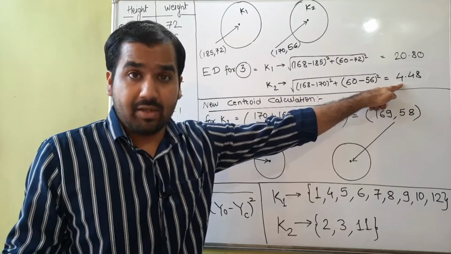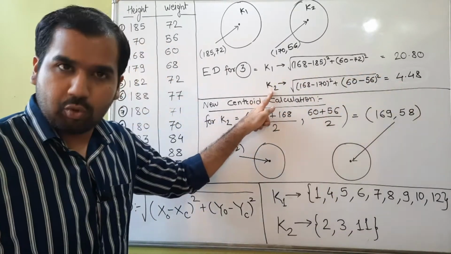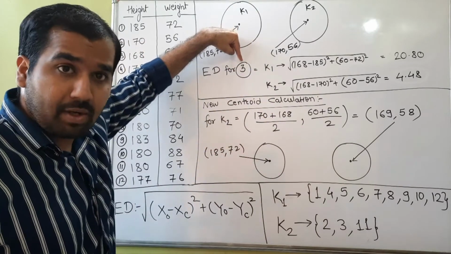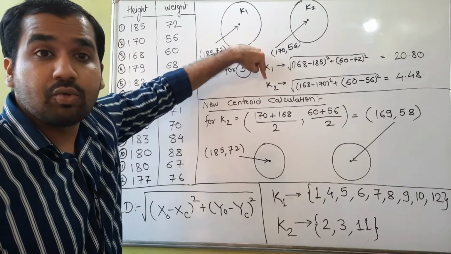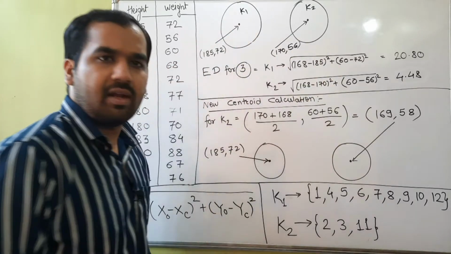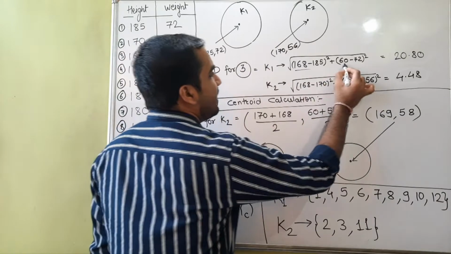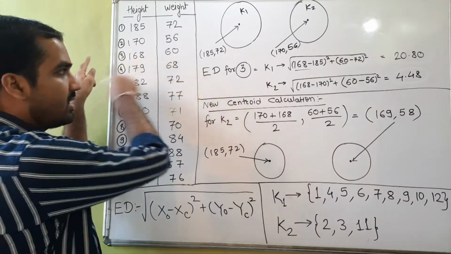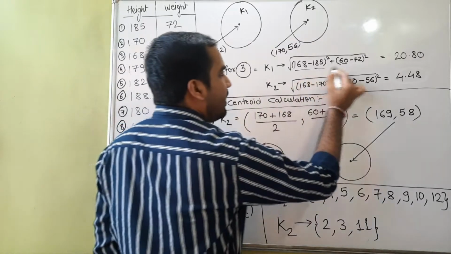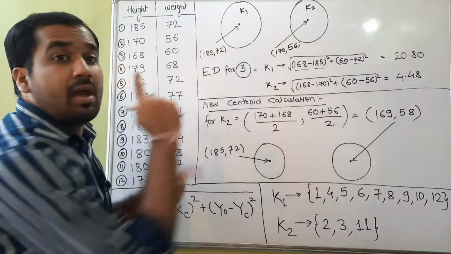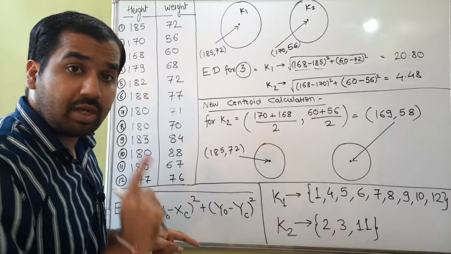You get the minimum value for k2, that is cluster 2. Therefore the third sample of your data set will be assigned to cluster 2 and not cluster 1. What we basically did here is pretty simple. 168 and 60 are x0, y0, the third sample that we considered. And 185 and 72 are the centroid of cluster 1.